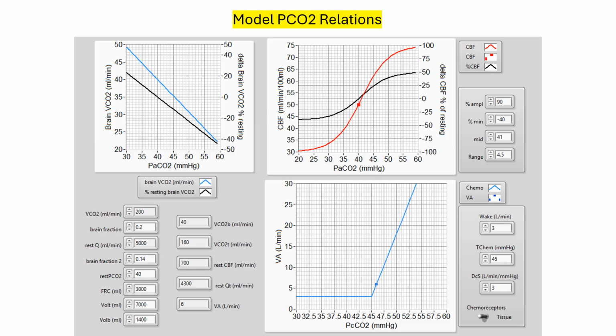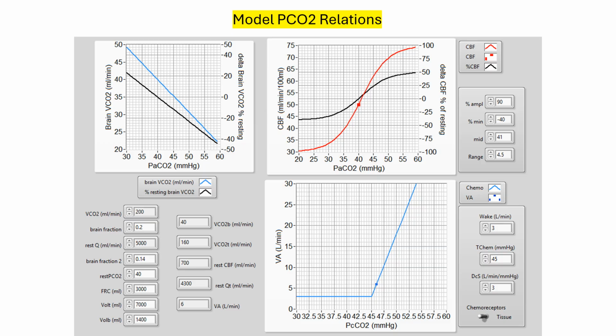The brain and tissue compartment settings of CO2 productions and blood flows ensured that brain compartment CO2, equivalent to jugular venous CO2, was higher than the tissue compartment CO2, which was equivalent to mixed venous CO2.